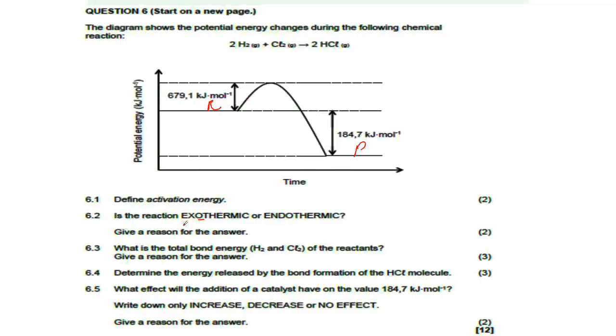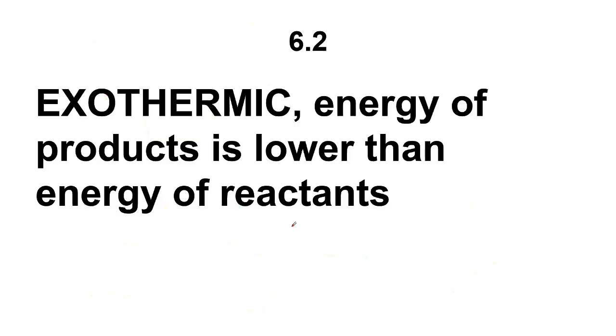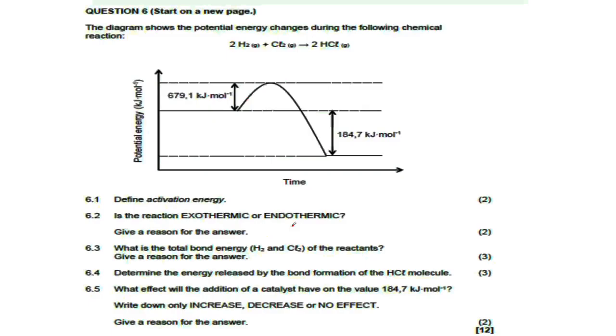So therefore, this is an exothermic reaction, and the reason for the answer: energy of product is less than the energy of the reactant. So there you go. Exothermic, energy of product is lower than the energy of reactant.